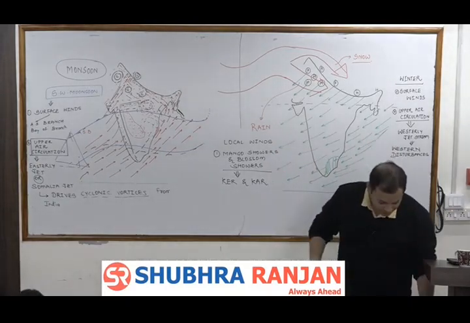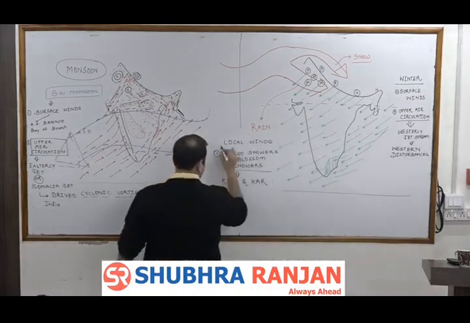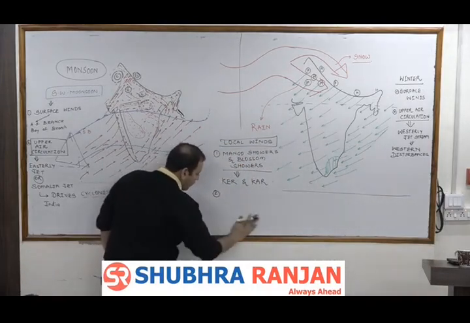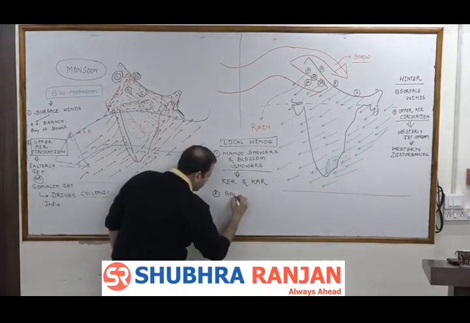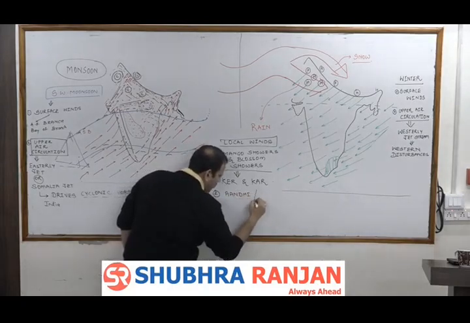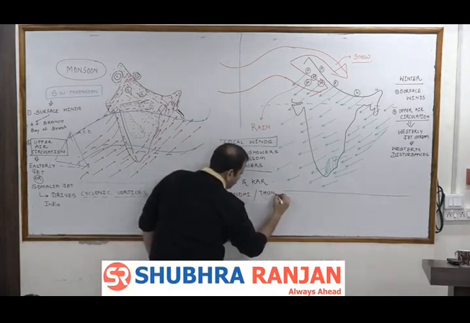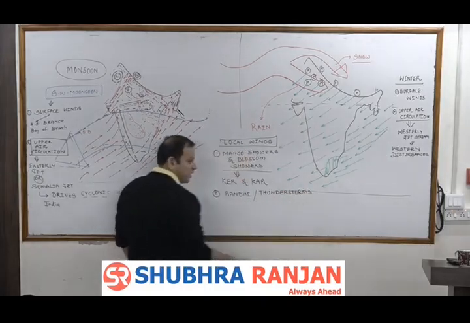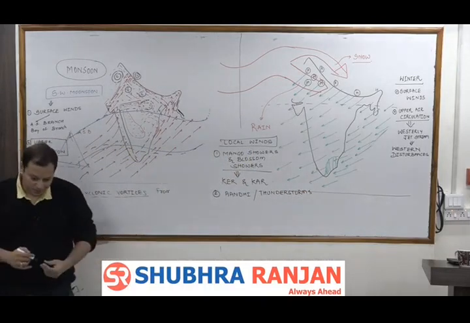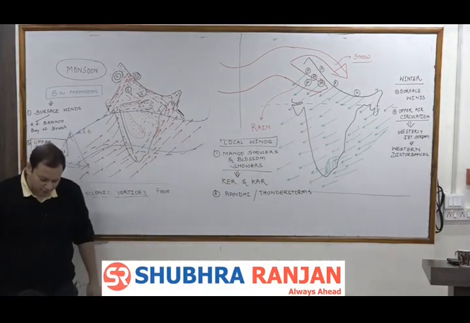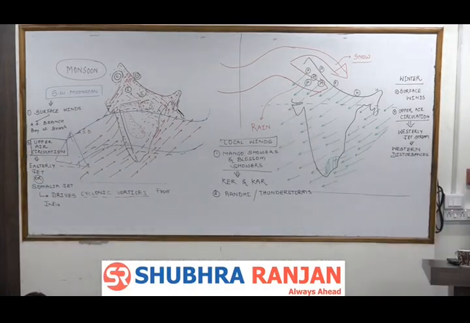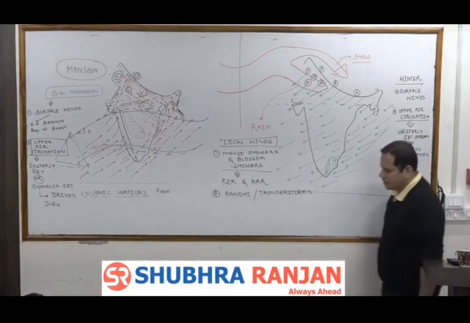Second, local winds. So one was mango showers. Second, Aandhis and thunderstorms. We haven't done this yet; we are only writing the names, what thunderstorms are. Aandhis and thunderstorms which develop in the Great Plains of India.